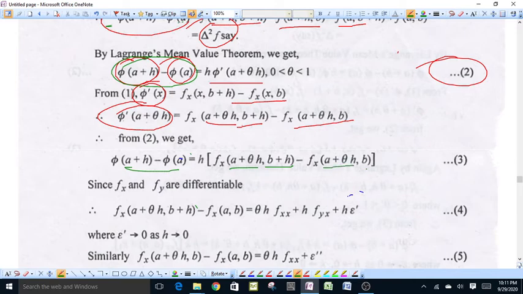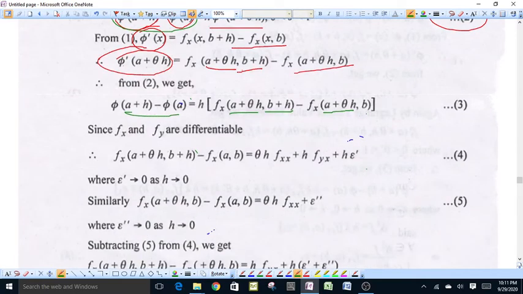Because fx and fy are differentiable, fx at the point (a + theta h, b+h) minus fx(a, b) will be equal to theta h fxx plus h fyx plus h into epsilon dash, where epsilon dash approaches 0 as h approaches 0.